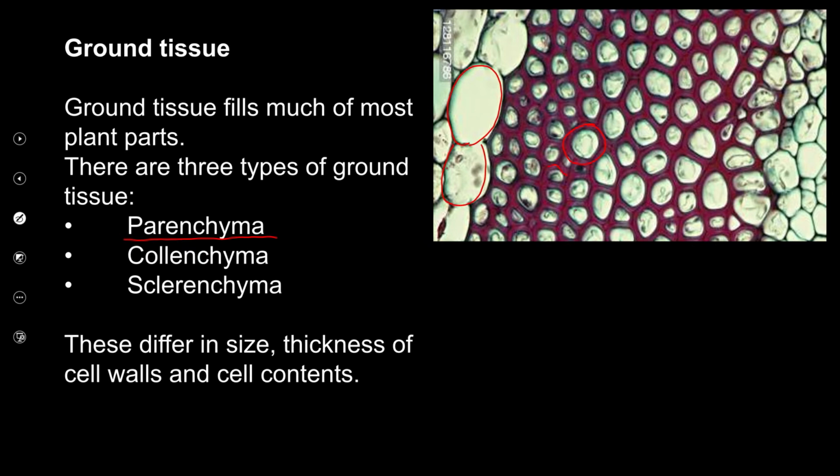And these ones with the very thick walls, obviously for protection and support, those are called sclerenchyma. And there is another type we will look at later, which has walls that are not quite as thick as sclerenchyma. And these are all found in different parts of the plant to carry out different functions.